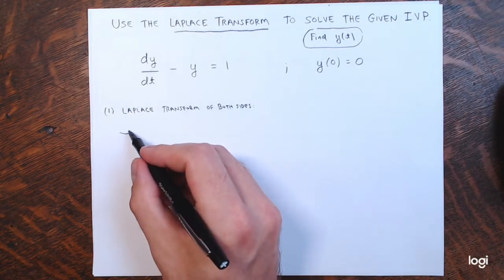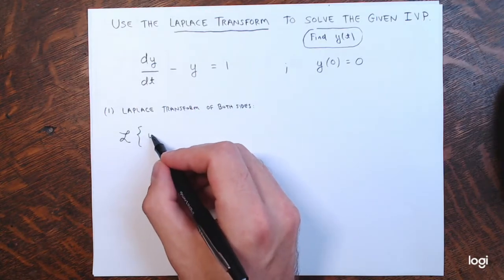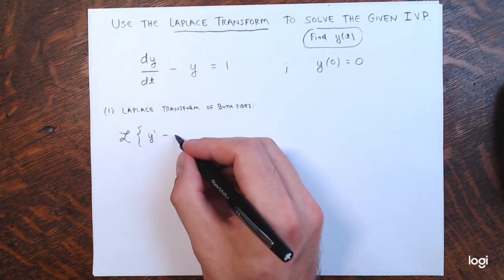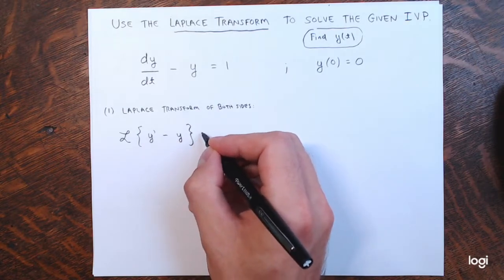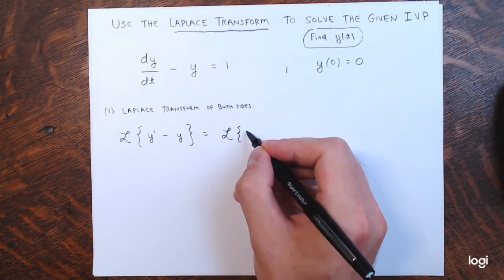So that's the Laplace transform of, and I'll just write this as, y prime minus y equals the Laplace transform of 1.